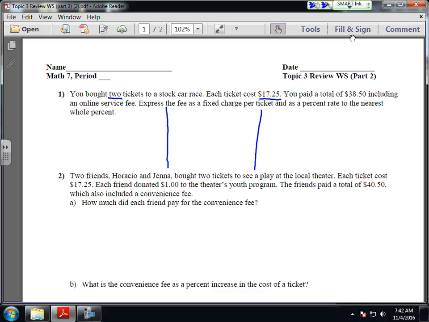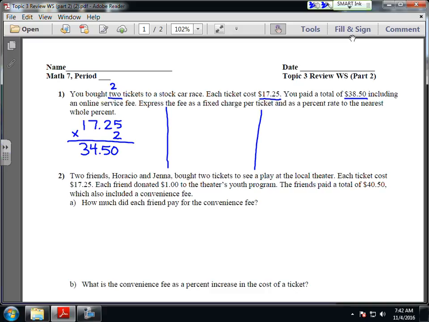But since they give us this number, I am going to multiply this time. So it's $17.25. But since there were 2 tickets, I'm going to multiply by 2 so I can find out what they paid. When I multiply, I get $34.50. And that's how much they paid in tickets.